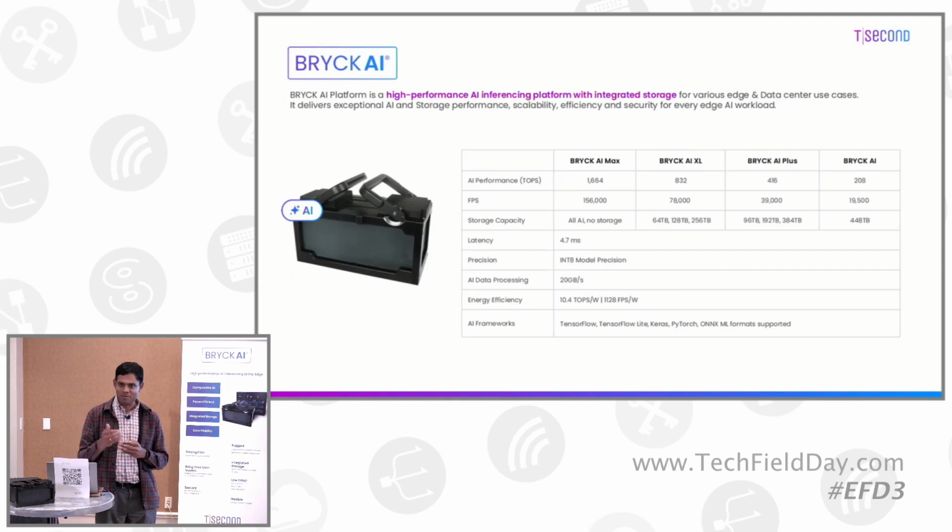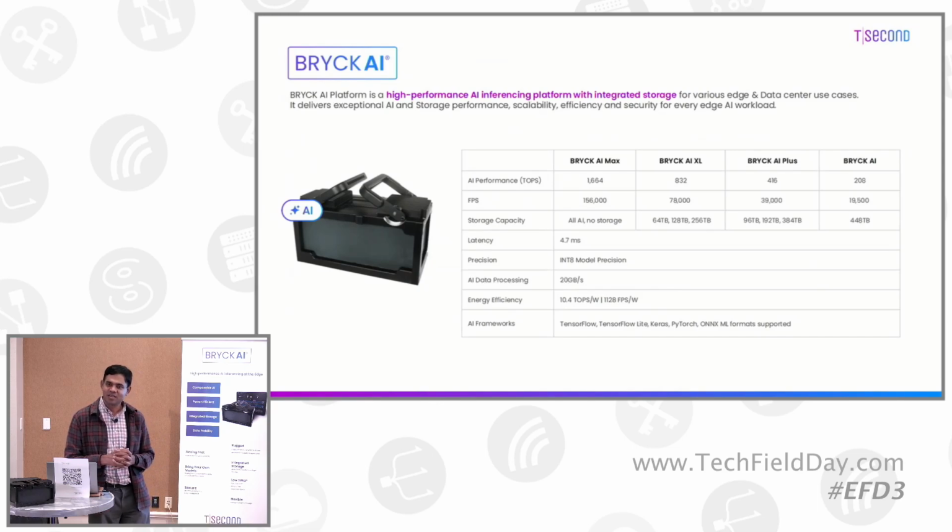The GPUs are underutilized, only 30-40% utilized in most deployments, because of these data throughput bottlenecks. With the BRYCK AI, you don't have that problem, because both the data and the AI processing sit next to each other on the same PCI bus infrastructure, so you can access the data at a high rate for AI processing.